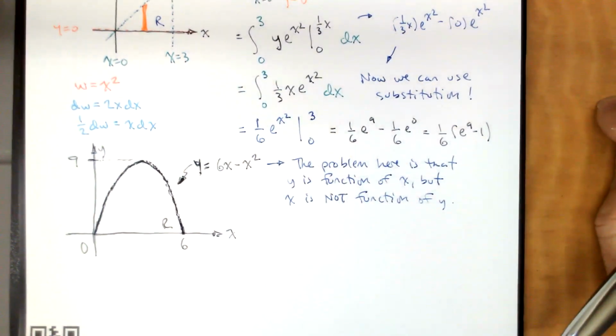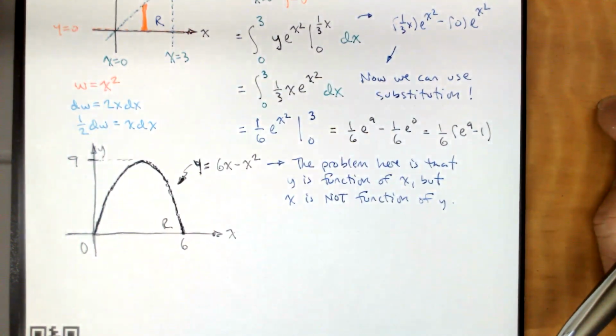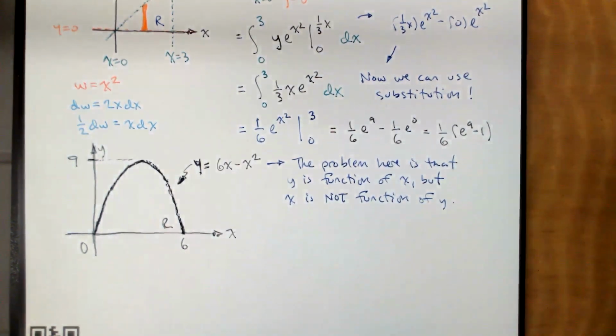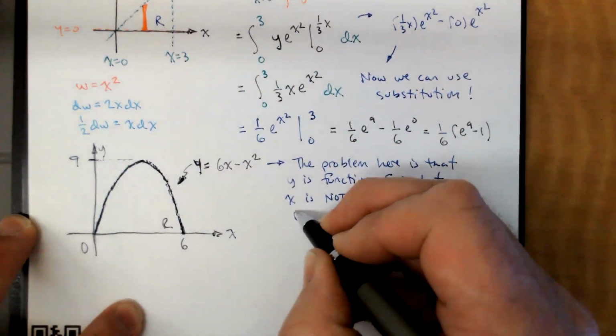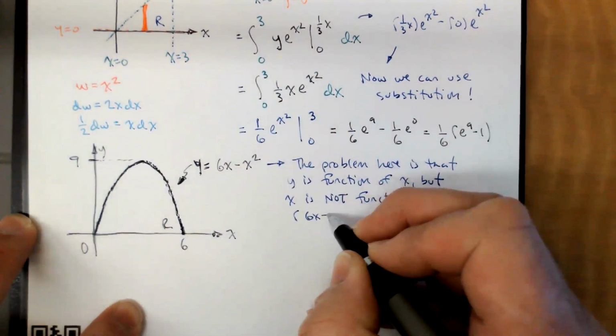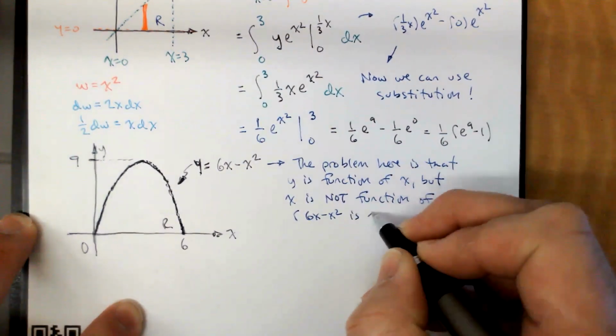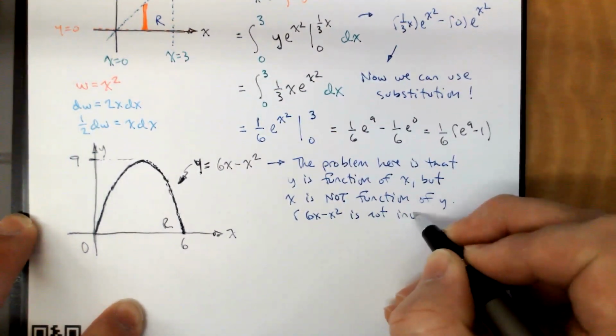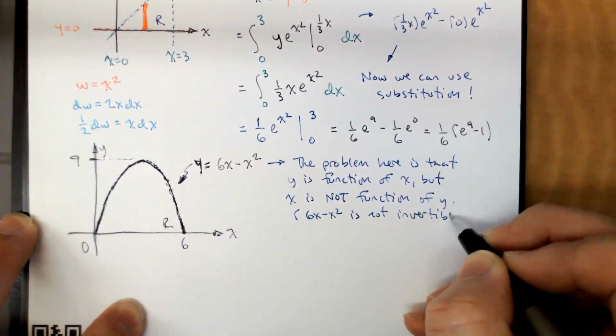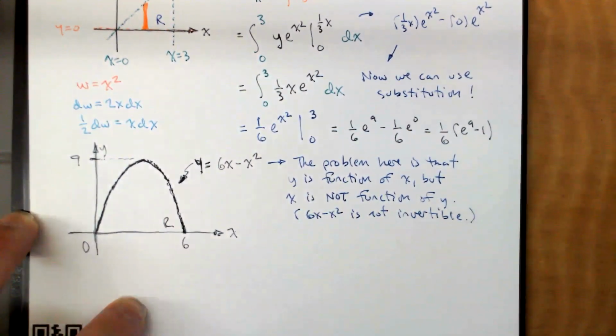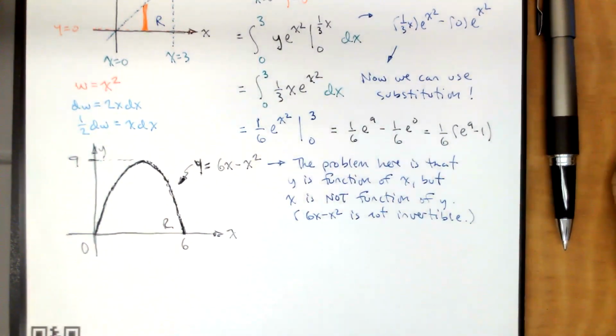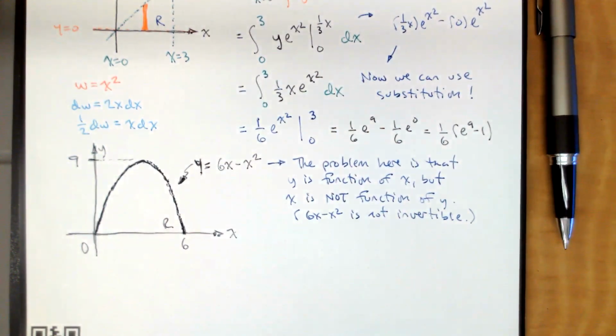So the problem here is that y is a function of x, but x is not a function of y. Y is not invertible. But we still want to be able to write double integrals.